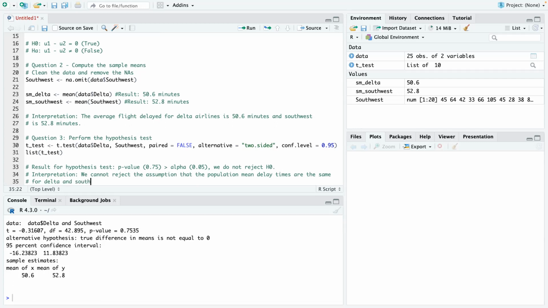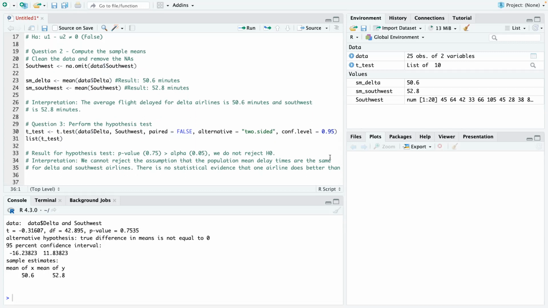for Delta and Southwest Airlines, there is no statistical evidence that one airline does better than the other in terms of its population mean delay time.